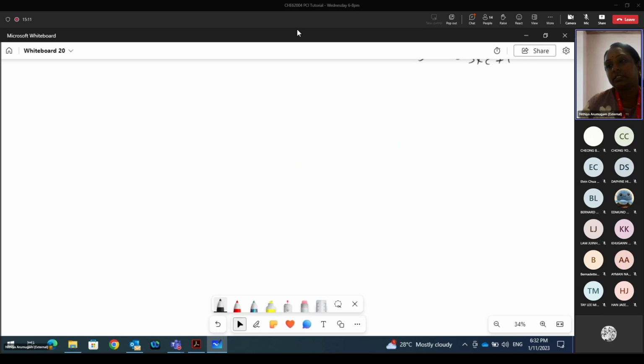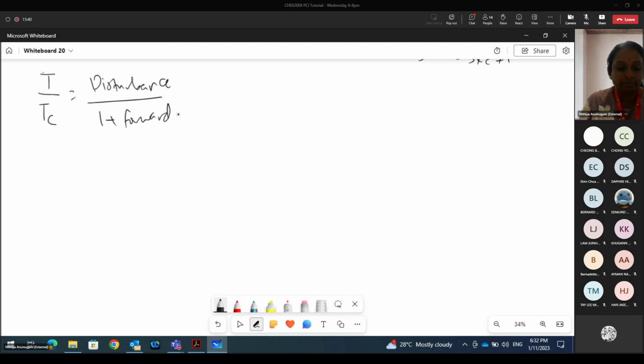The part B, the second part of part B, they ask us to calculate the T over TC in terms of the controller gain also. So if you notice, the T over TC is actually at the disturbance portion, in which disturbance will be introduced here. And then the TC at the controller portion, or the cooling portion, will be having the 1 plus forward times feedback.